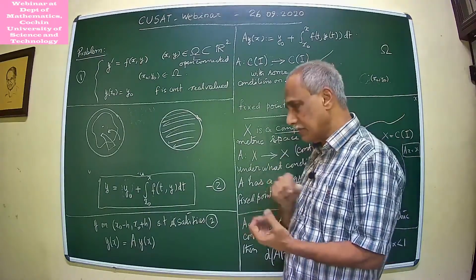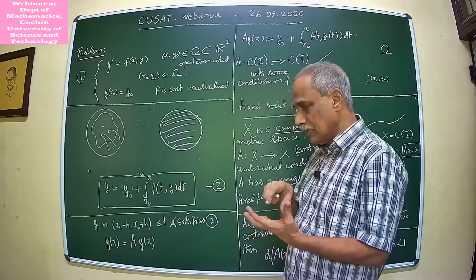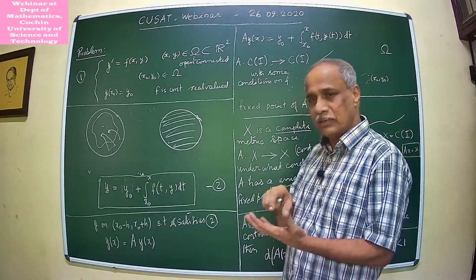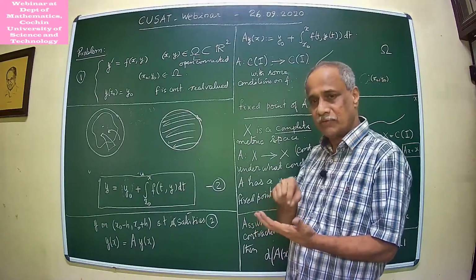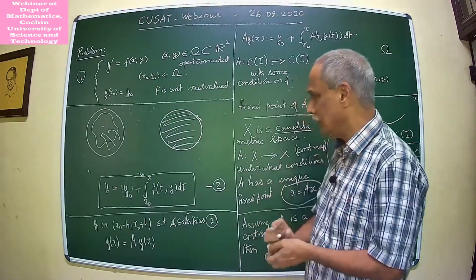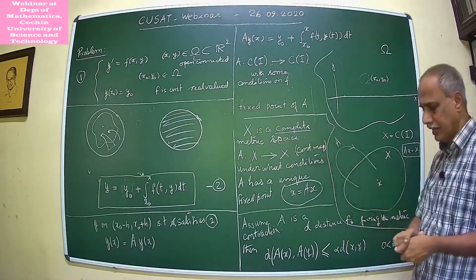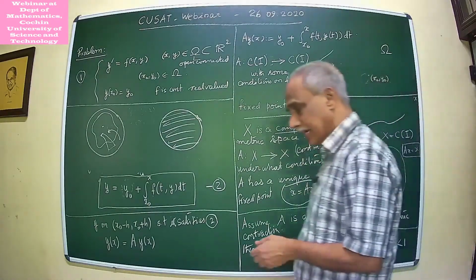Now, what it says is that if the points have come closer somehow, in that case you have a unique fixed point.